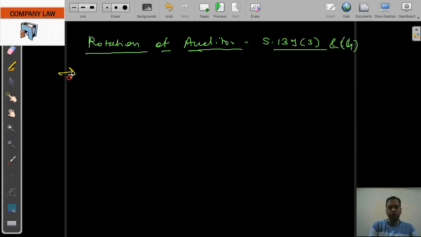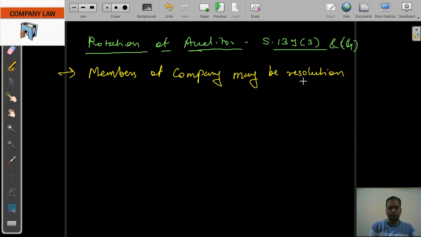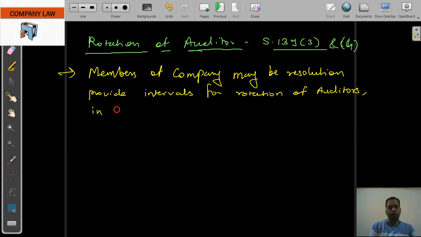So who can decide? First of all, members of the company may by resolution provide intervals for rotation of auditors in case of an audit firm.